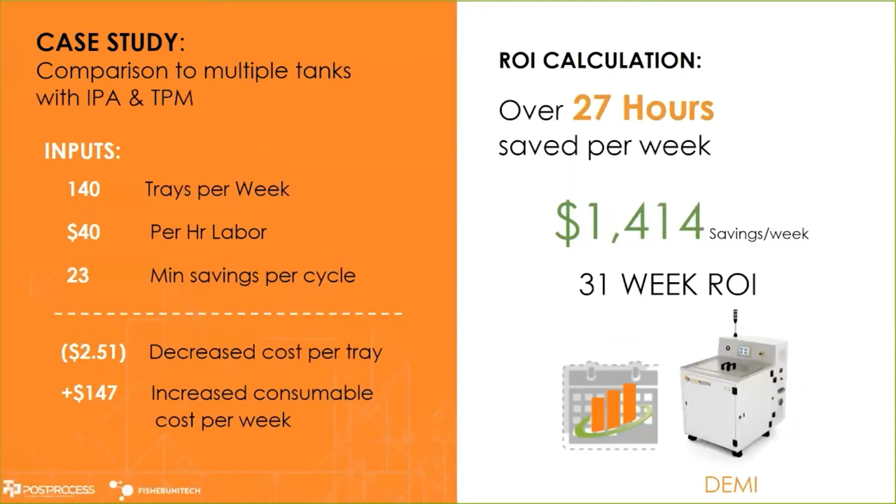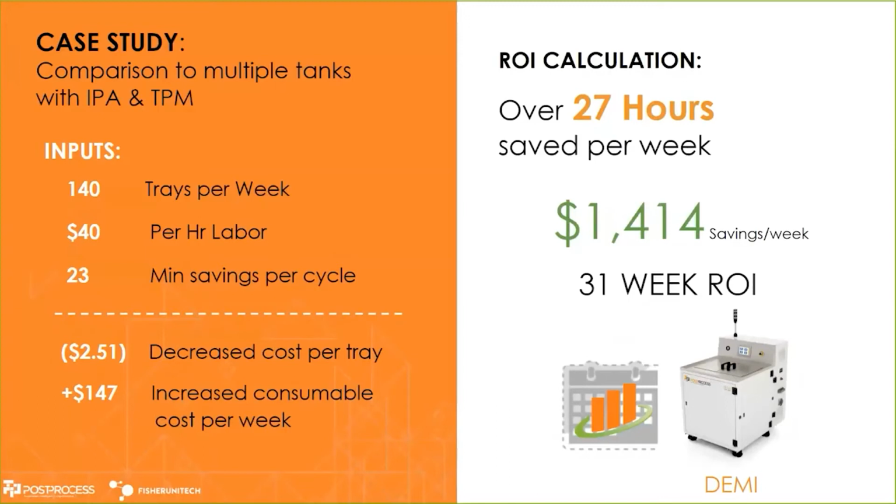So the second scenario I'm going to bring you through is a high volume application. So this will be our DEMI in comparison to multiple tanks of IPA and TPM. So in this case, they were printing 140 trays per week with the same labor rate of $40 per hour, and we had the ability to save them 23 minutes per cycle.